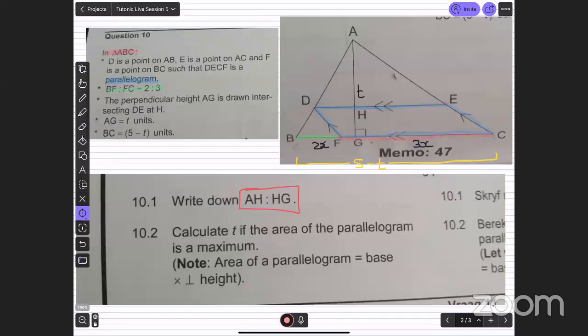DH over HE is equal to FG over GC. Say it again. DH over HE is equal to FG over GC. DH over HG.